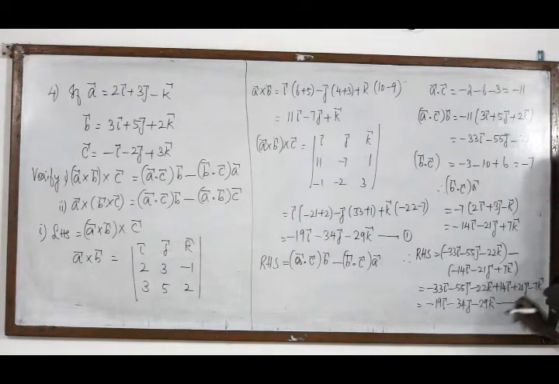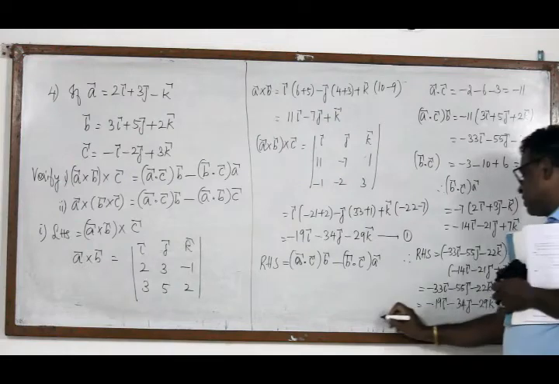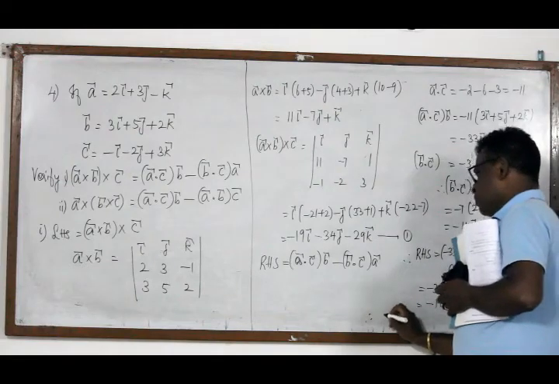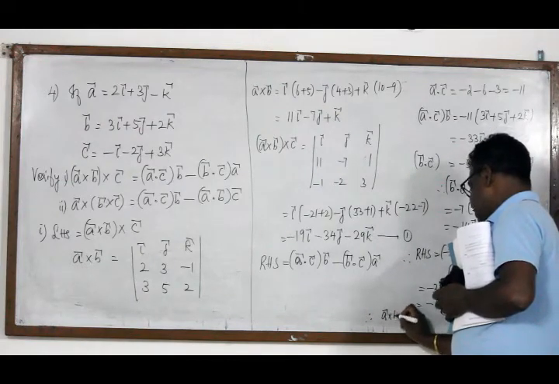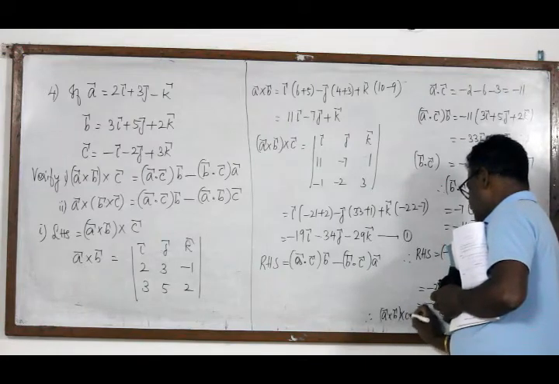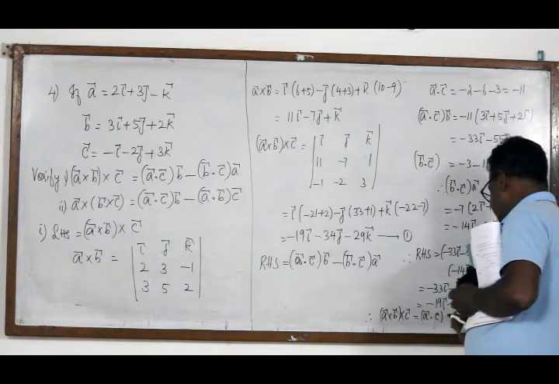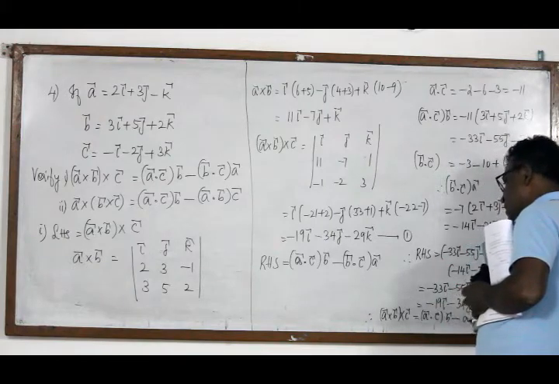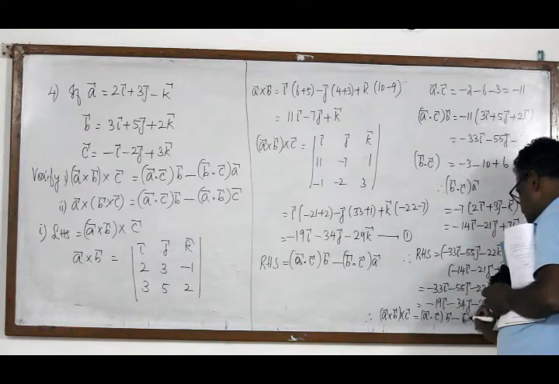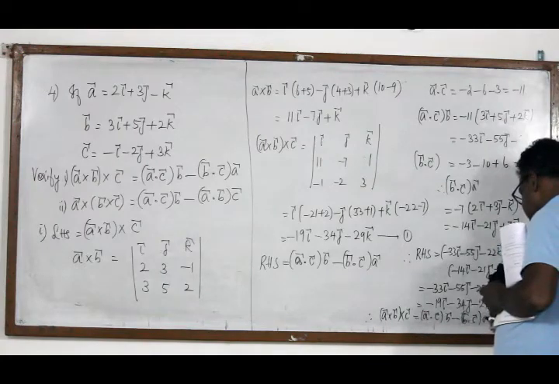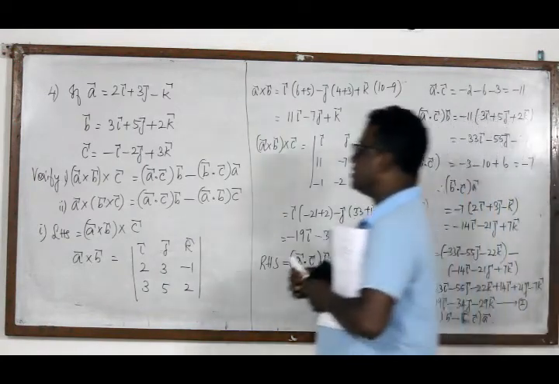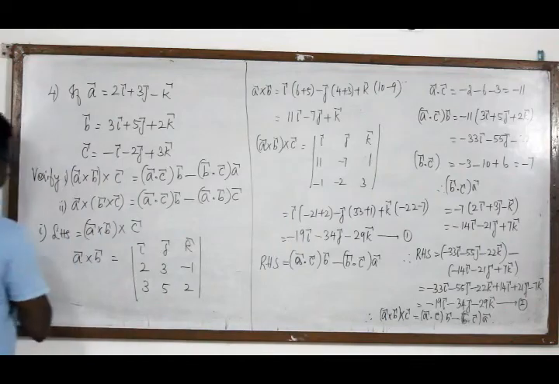Now check 1 and 2, are they equal? Therefore A cross B cross C vector is A dot C into B minus B dot C into A. This is the first one.